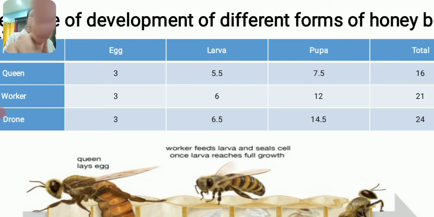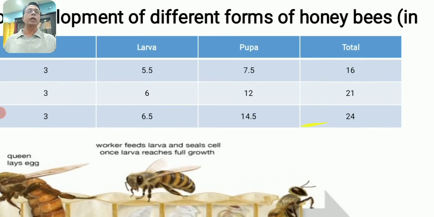Same way, the queen larva takes 5.5 days, workers take 6 days, drones take 6.5 days; pupa 7.5 days for the queen, worker 12 days, drone 14.5 days; and complete development takes 16 days for the queen, 21 days for the worker, and 24 days for the drones.